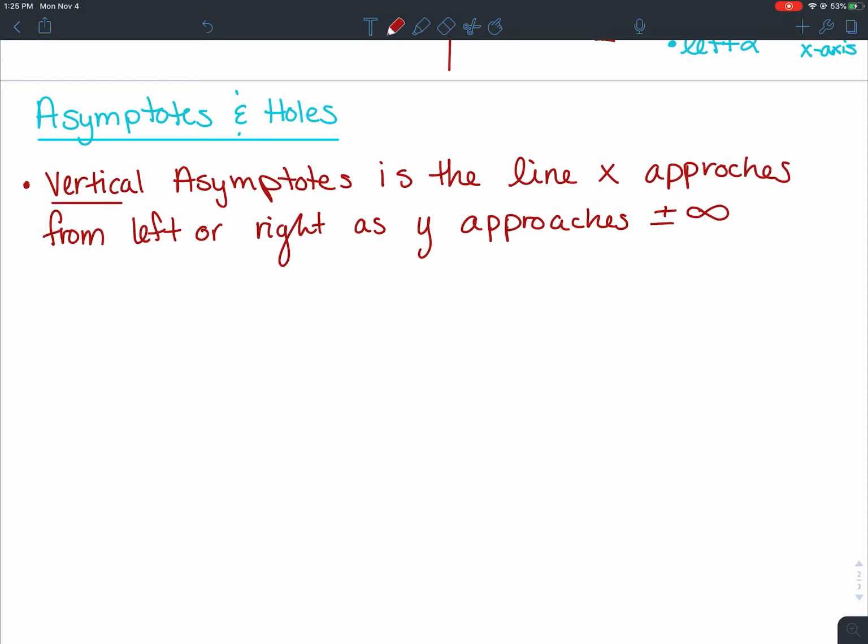So that's the vertical asymptote. Vertical asymptote is the line x approaches from left to right as y approaches infinity or negative infinity. Okay?